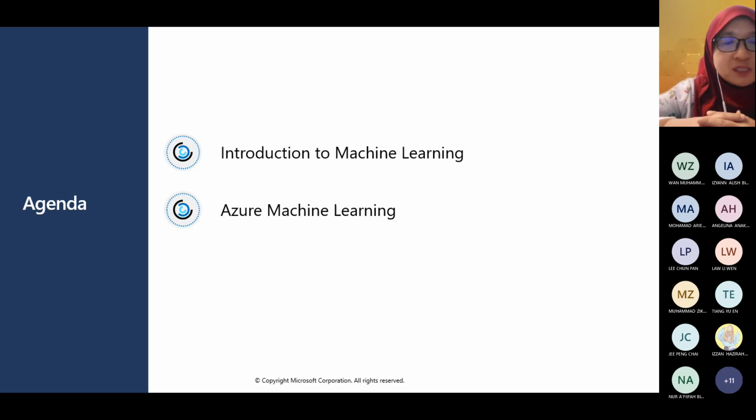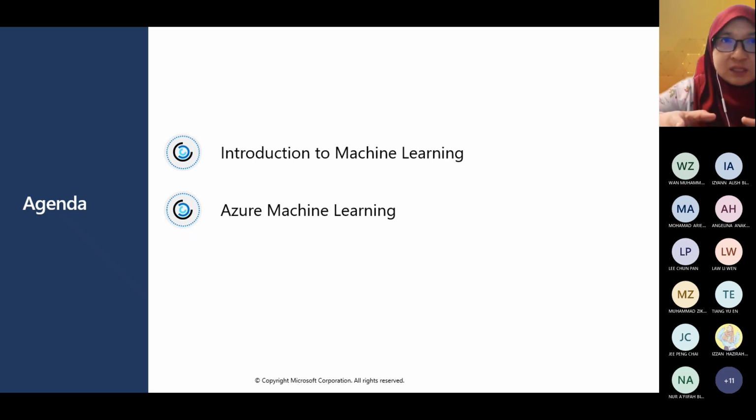This supports the end-to-end machine learning life cycle with tools like data preparation, model development, validation, deployment and monitoring.